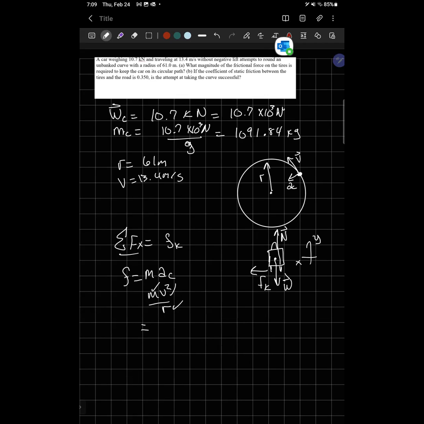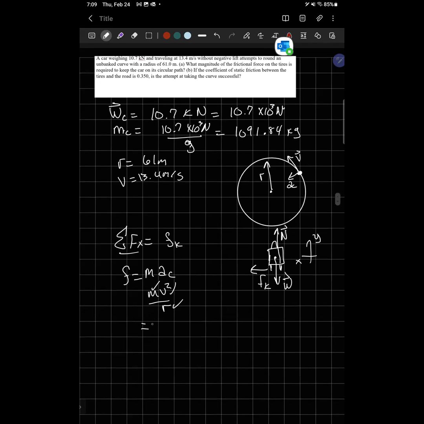Plugging that all in, times 13.4 squared, divided by 61, I get 3213.94. What is that unit of?